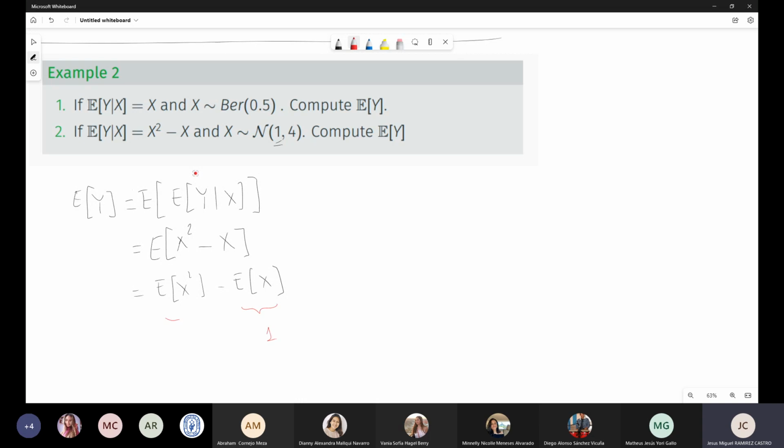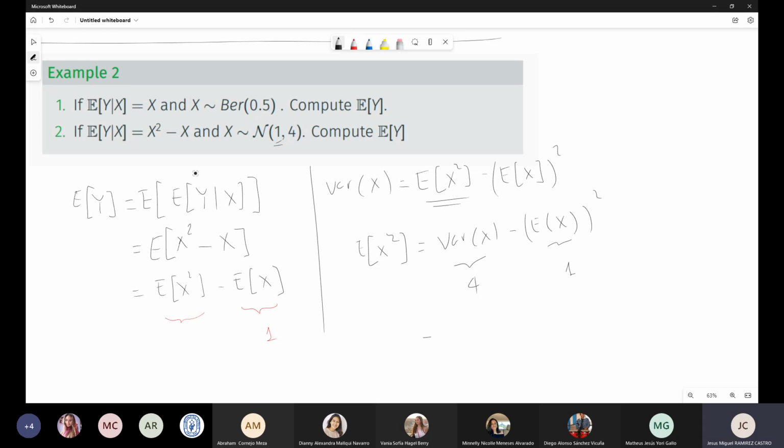Remember that the variance of x is the expectation of x squared minus the expectation of x, squared. So the expectation of x squared is the variance of x plus the expectation of x squared. The variance is 4 and this is 1, so this is 3.